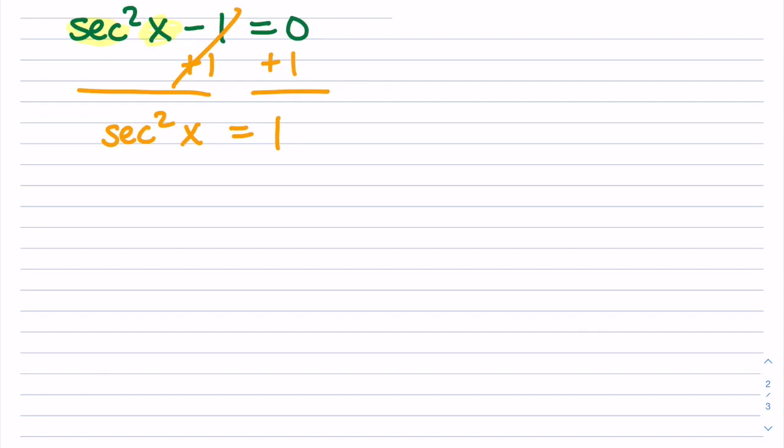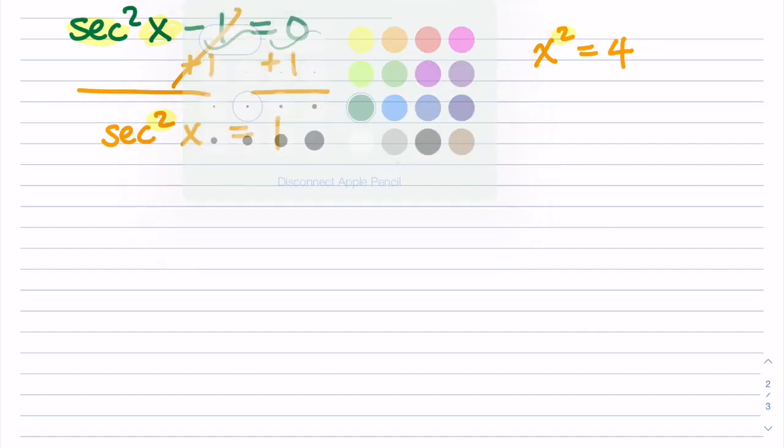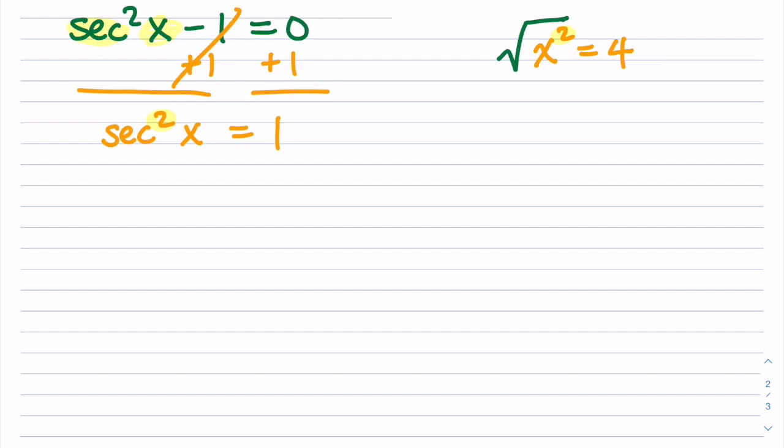Now here's the thing. You don't want this power of 2. If you remember from last semester, we had basic equations that look something like something squared, and we would get rid of the 2 by doing something called the square root. So whenever you see a power of 2, just think square root. Those will cancel each other.